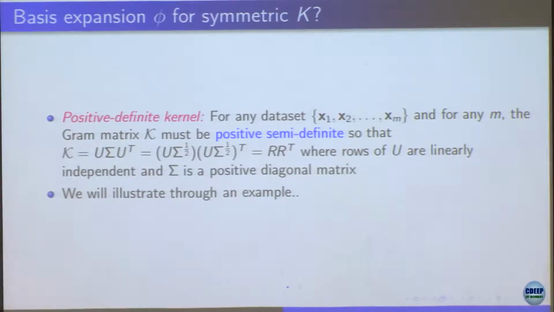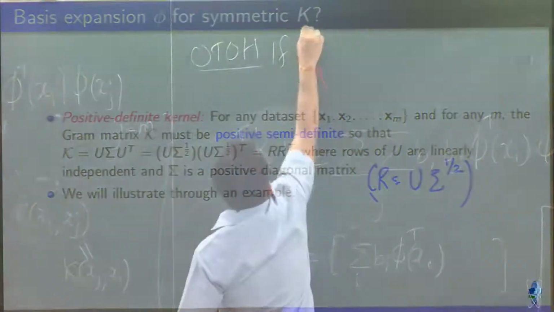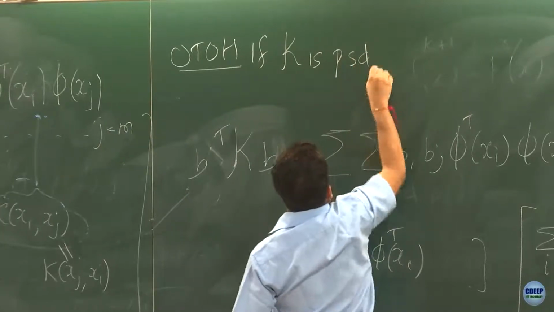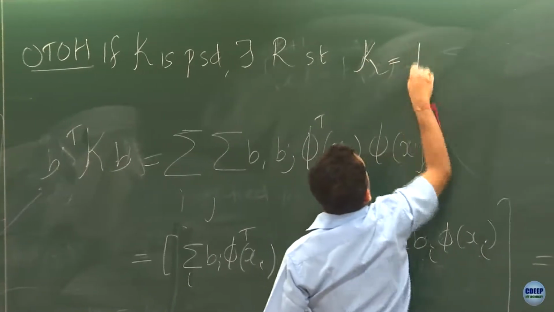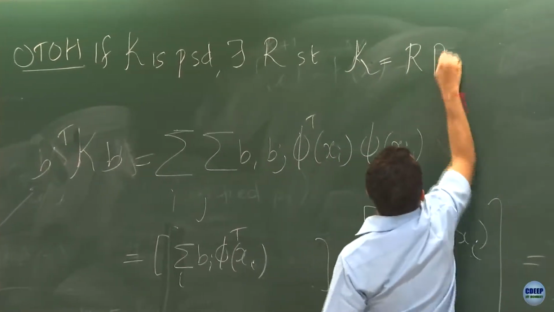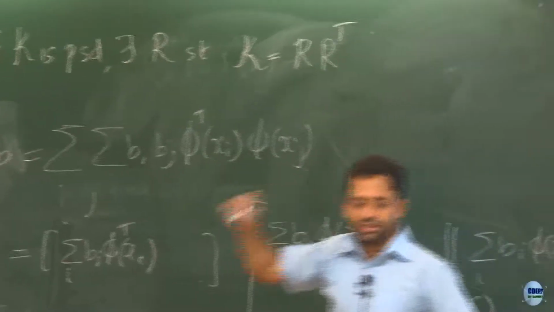You can also make it orthonormal by pushing things into sigma, or you can consider R to be just U sigma raised to the half. So what we can show is that if K is positive semi-definite, there exists an R such that K is R R transpose. That's a summary of what I've written on the slide.